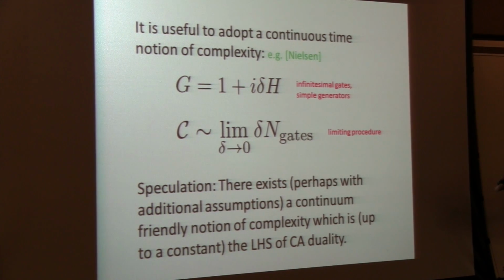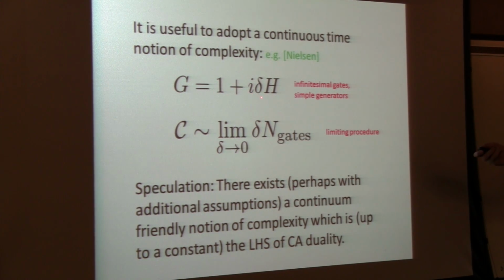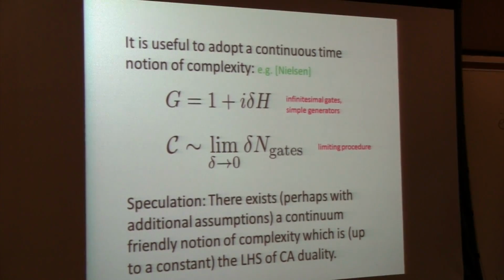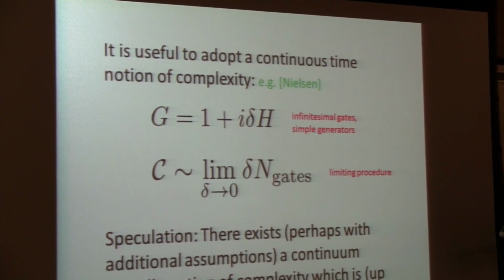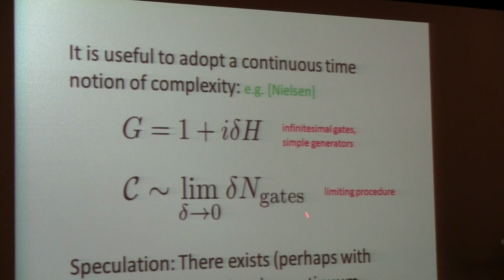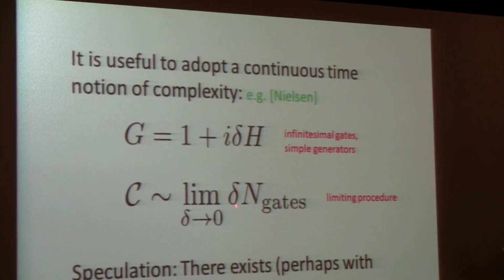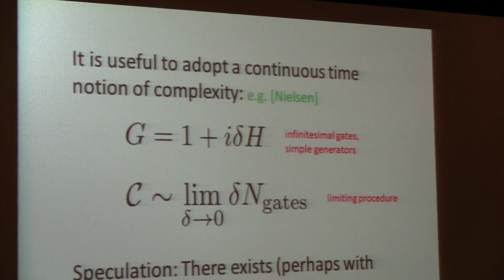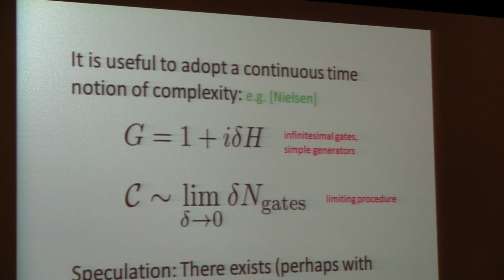And so then you would think of the complexity as something like, I have gates which are close to identity with some factor of delta. This H is like a simple generator. It's a simple operation that affects only a few degrees of freedom at a time. And the complexity would then roughly be the limit as delta goes to 0 of the number of gates times this little parameter delta.